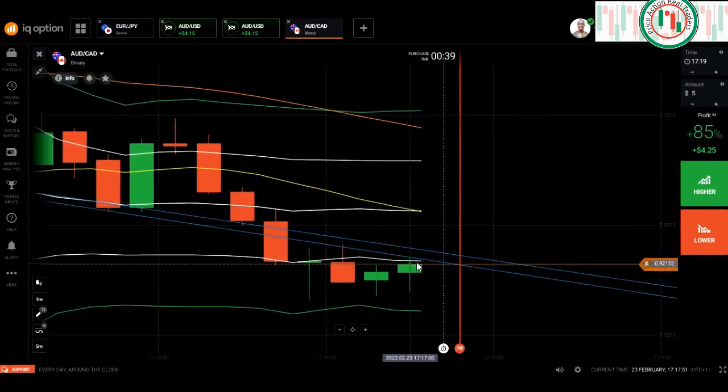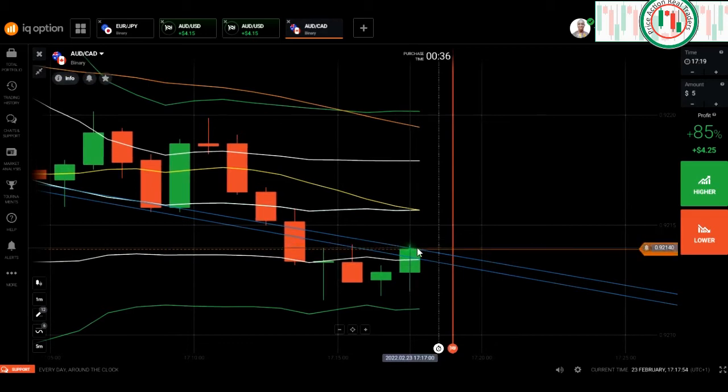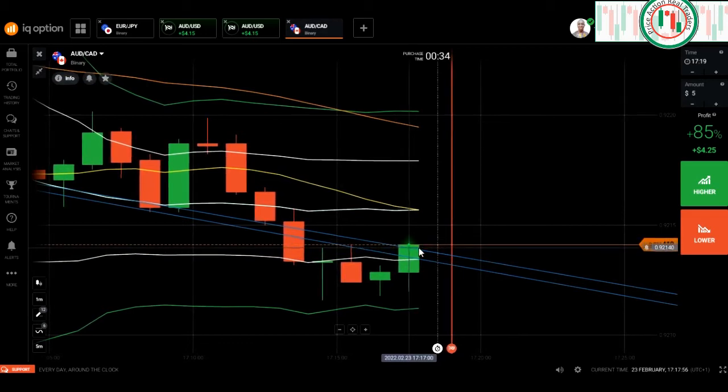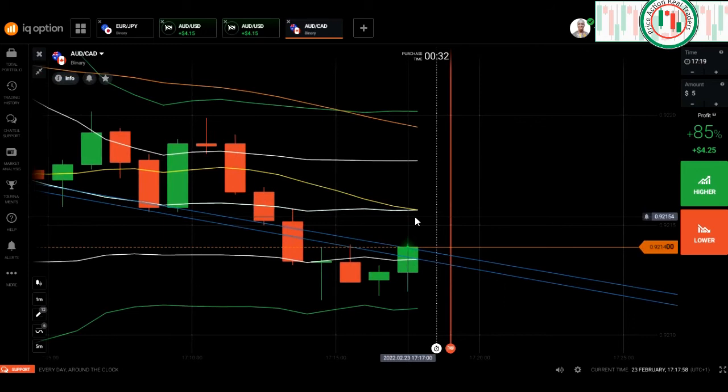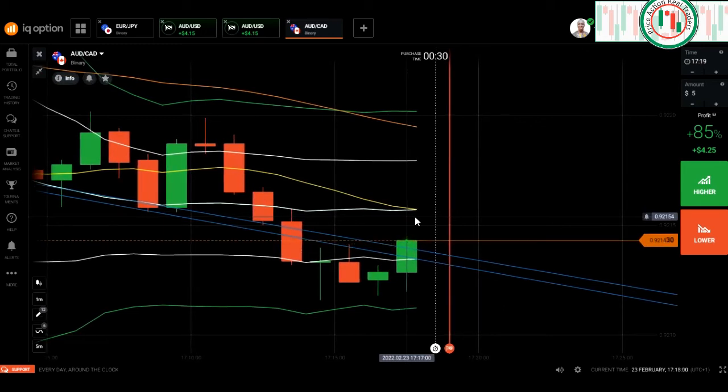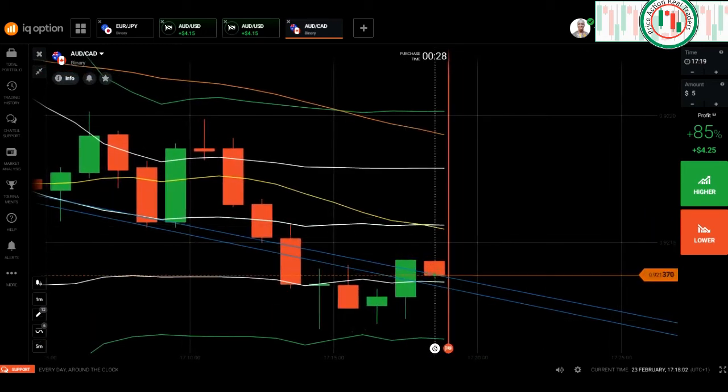Yes, here you see the market is trying to cross this level. This is the neckline.